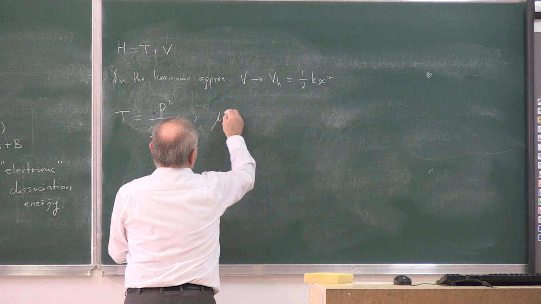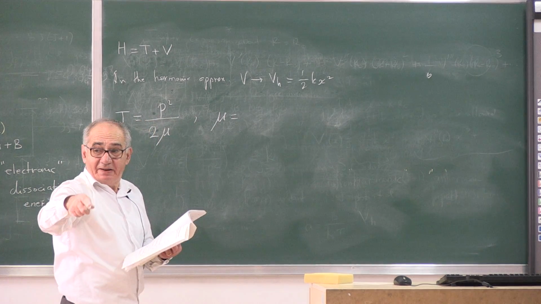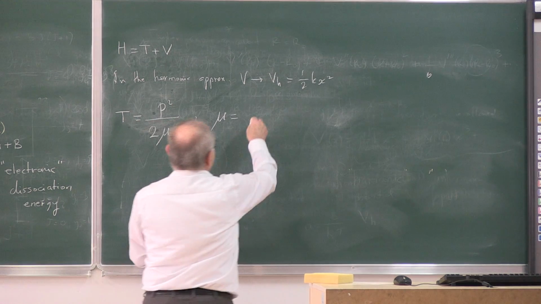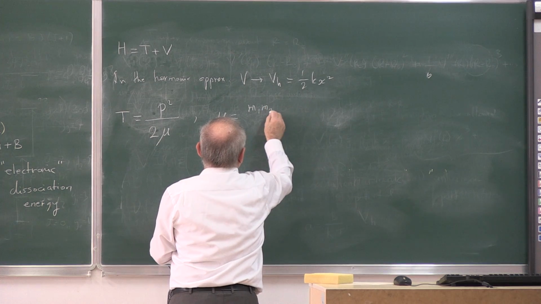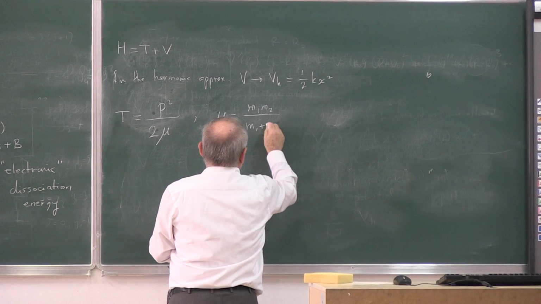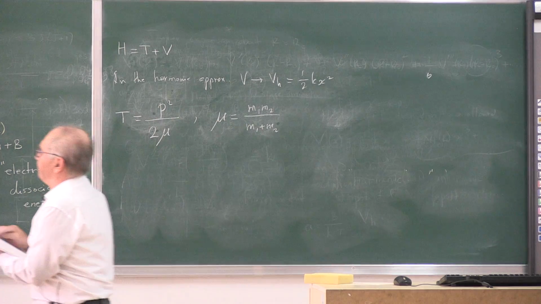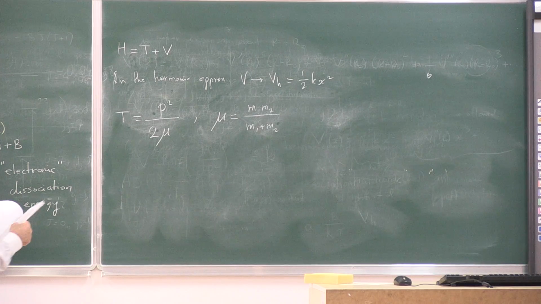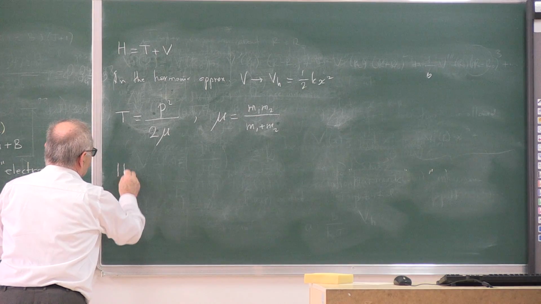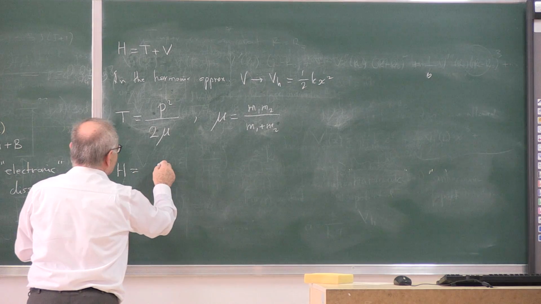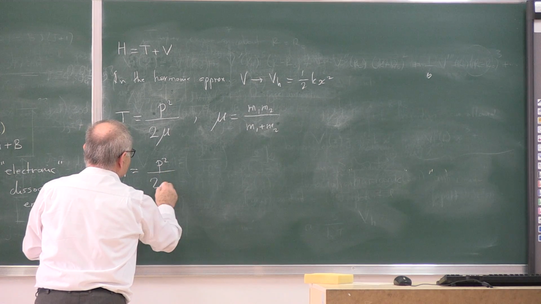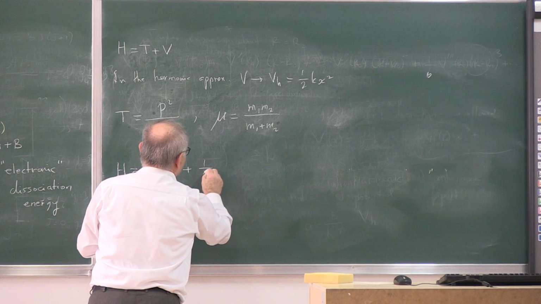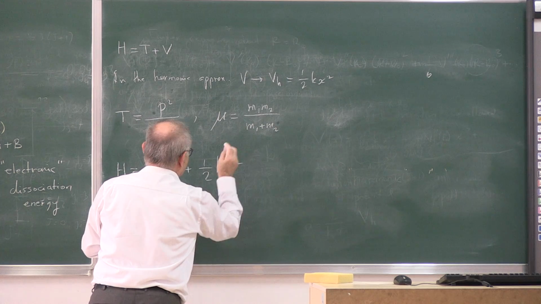And this is the reduced mass, the same reduced mass that we talked about in rotational motion, which is mass 1 times mass 2 divided by mass 1 plus mass 2. Here are the masses. So, classical vibrational Hamiltonian is kinetic energy, which is this expression, p square over 2 mu, plus 1/2 k times x square.